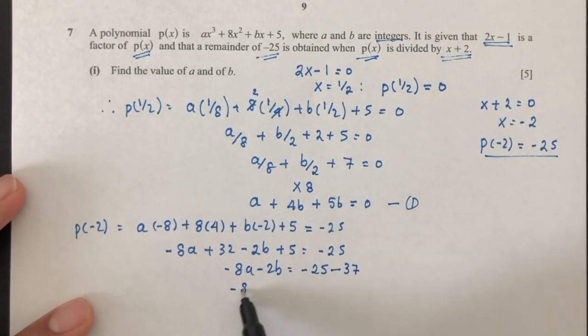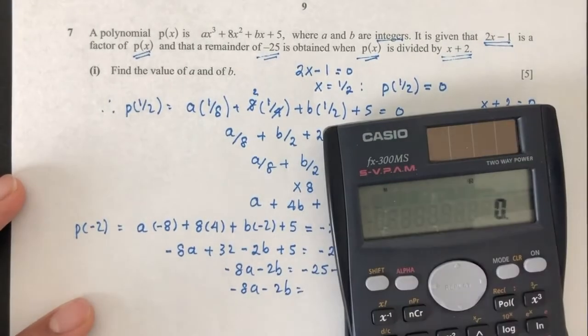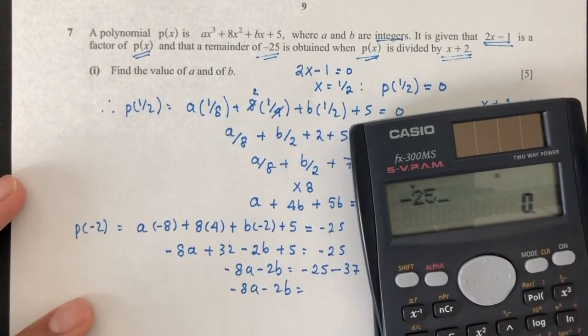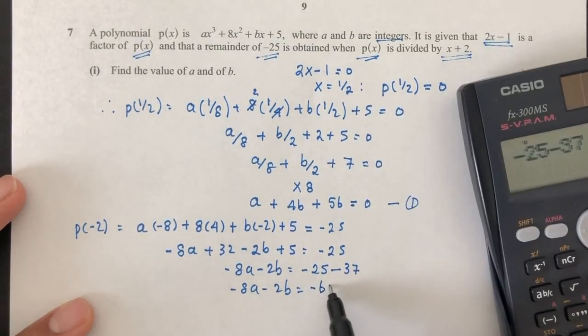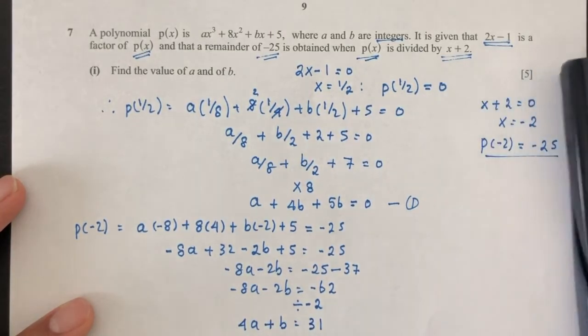Minus 25 minus 37 will be minus 62. Since everything is an even number, we can divide by minus 2. That will be 4a plus b equal to 31.